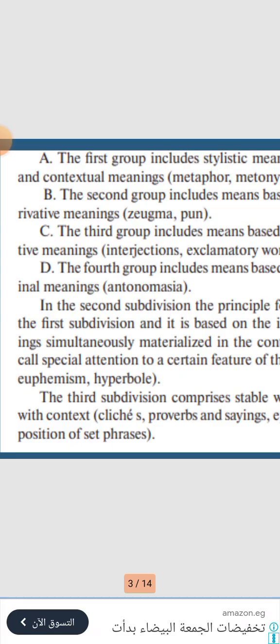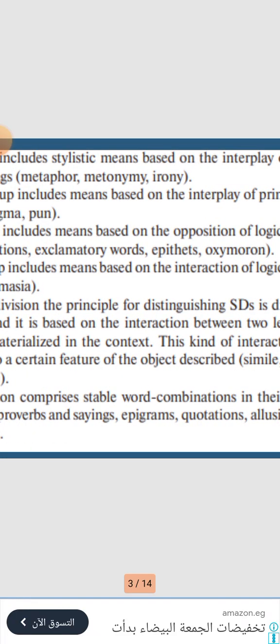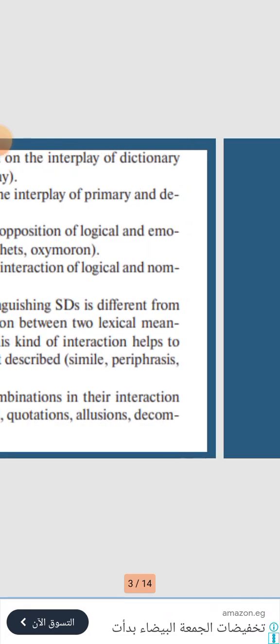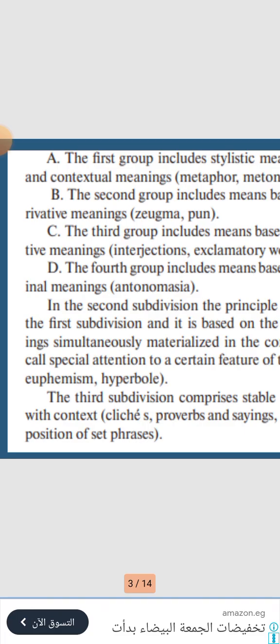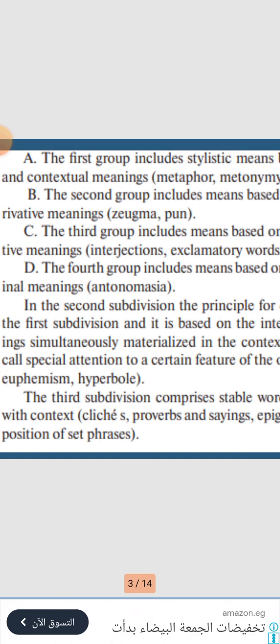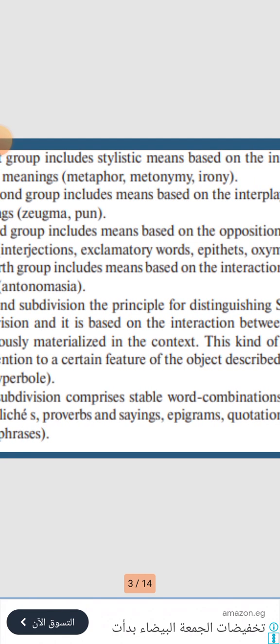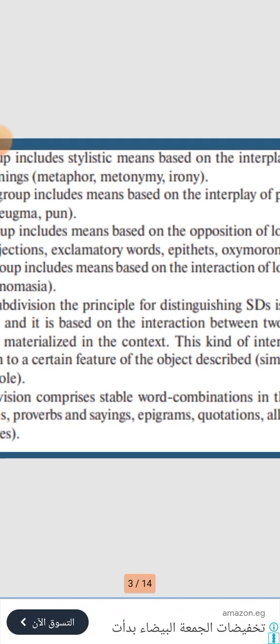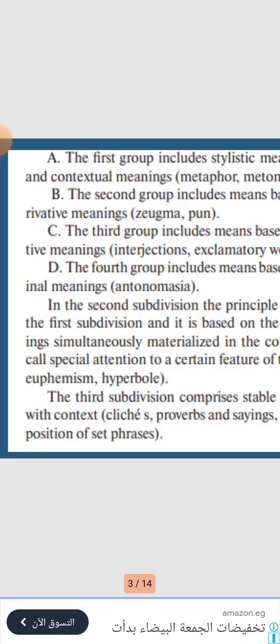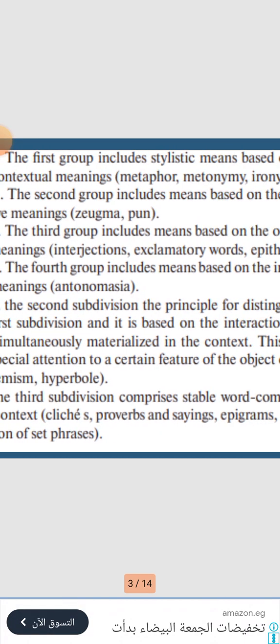The second group includes means based on the interplay of primary and derivative meanings, like pun and zeugma.